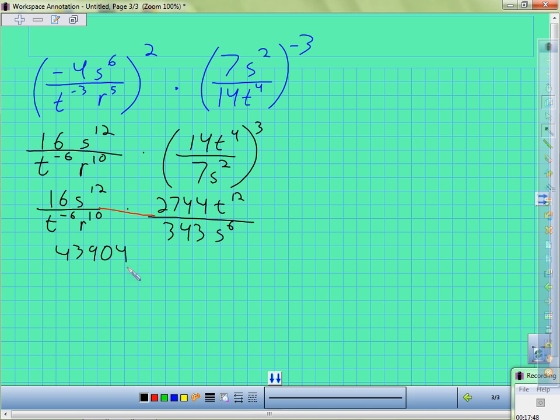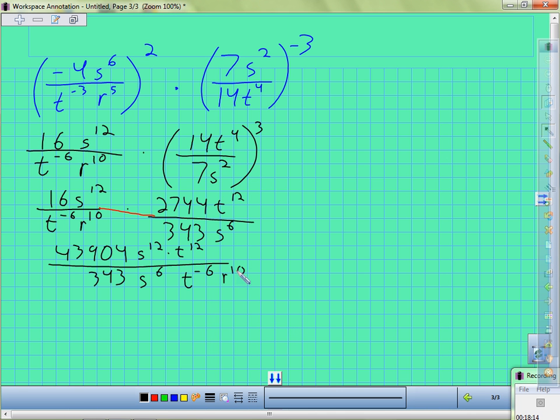Then I've got s to the 12 times t to the 12 over 343. And then I'm going to line up my exponents in the same order. Again, not something you have to do, but in the interest of keeping things organized, it's a very nice little step.